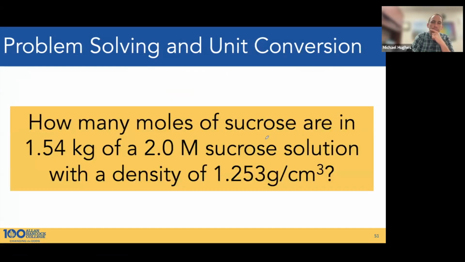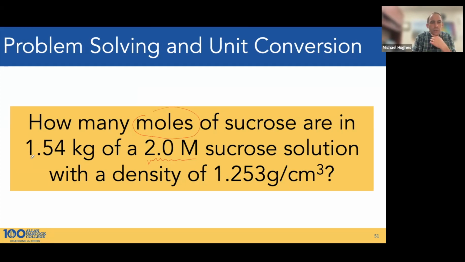Let's try one more. How many moles of sucrose are in 1.54 kilograms of a 2-molar sucrose solution with a density of 1.253 grams per centimeter cubed? So I'm looking for moles. I have molarity, which is moles per liter, so I want volume.